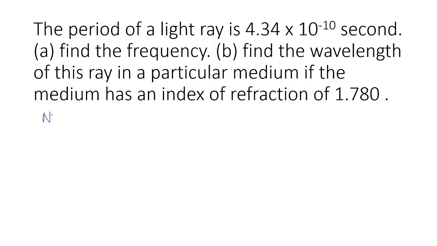One of them is N equals C over V. F equals 1 over T. And V equals F lambda. N stands for index of refraction. C, speed of light in a vacuum.